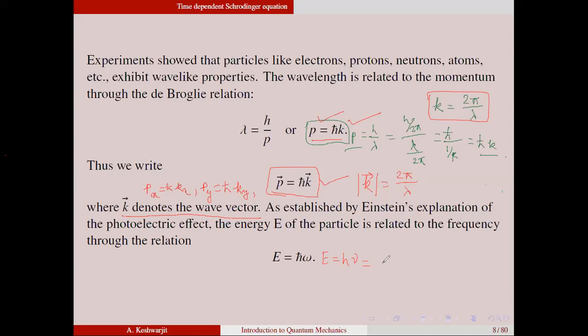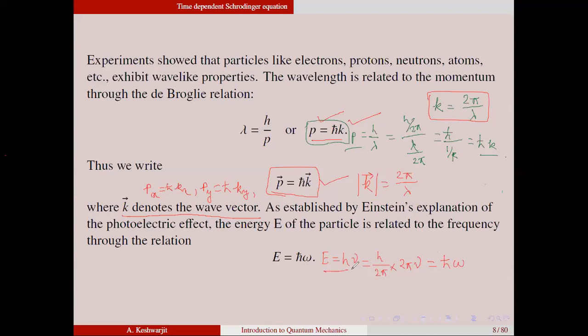Simply we divide and multiply by twice pi. So h divided by twice pi times twice pi times nu. What is nu? Nu is the frequency. What is h by twice pi? h by twice pi is h bar. And twice pi times the frequency is the angular frequency omega.